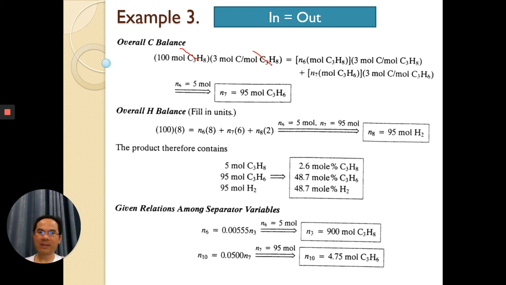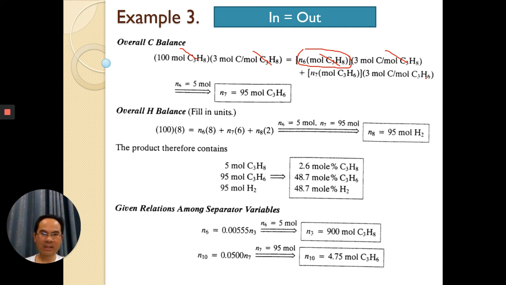You can solve for the moles of carbon, which equals the output. In the output we have carbon in propane and propylene. First you consider that 1 mole propane includes 3 mole carbon, and the output of propane is N6. You get moles of carbon. N6 is known already from the previous balance. And the second term is based on propylene.